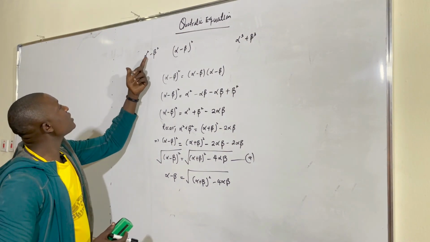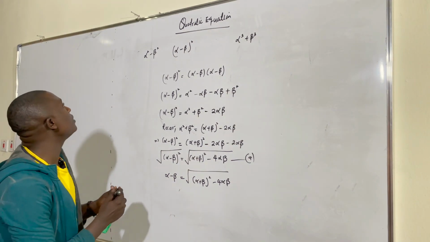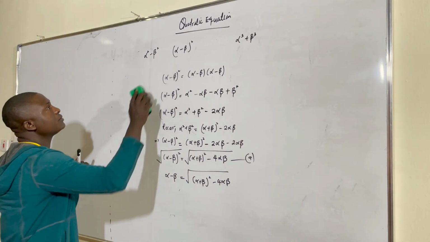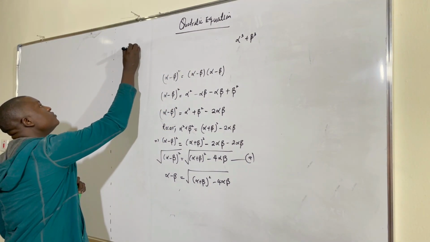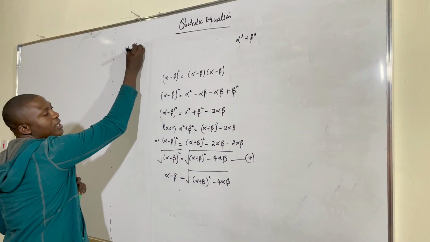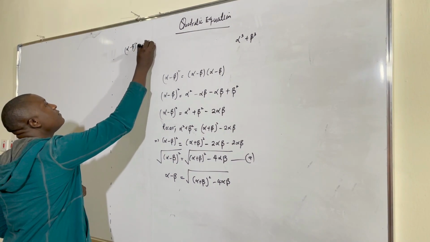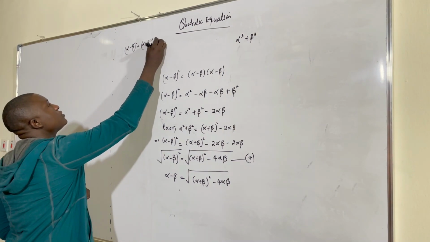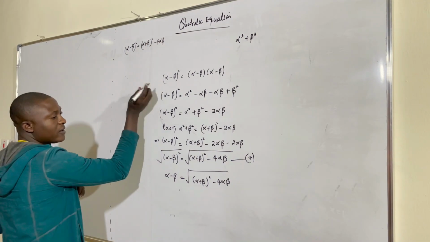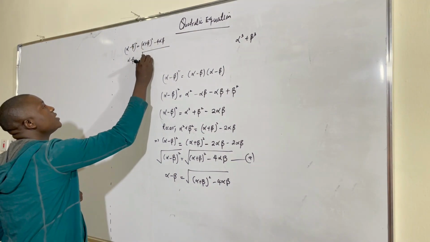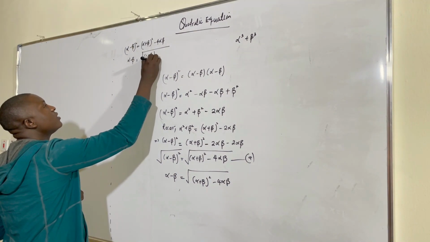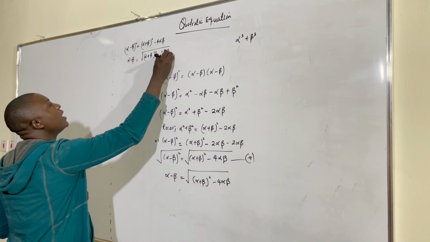Let's note down this formula. We derived that alpha minus beta all square is the same thing as alpha plus beta all square minus 4 alpha beta. And if I was asked to find alpha minus beta, that one is just the square root of this, alpha plus beta all square minus 4 alpha beta.